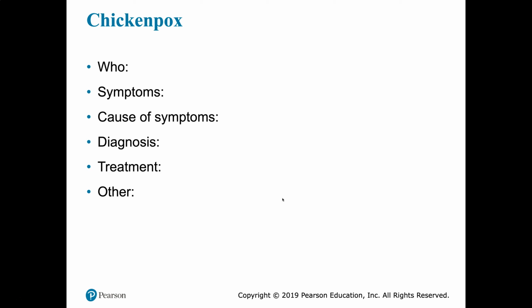Cause of the symptoms: the virus enters through the respiratory system, so this is a transmission through respiratory droplets or direct contact with the rash. So the vesicular rash, if you rupture the rash, there's a little clear fluid that will come out of it.